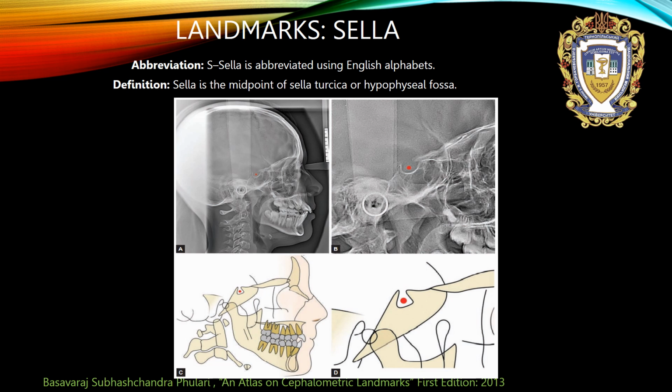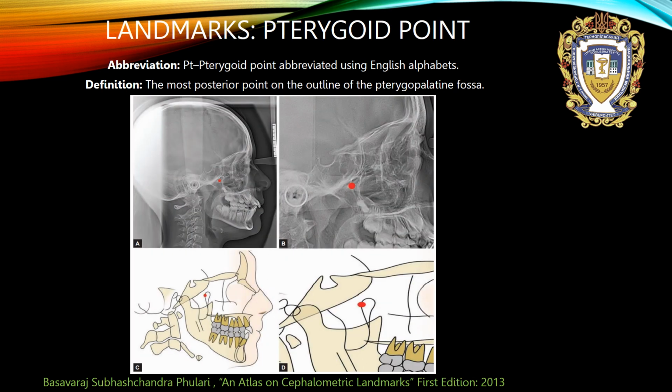And sella point is the midpoint of sella turcica or hypophyseal fossa. Pterygoid point, the most posterior point of the outline of the pterygopalatine fossa.